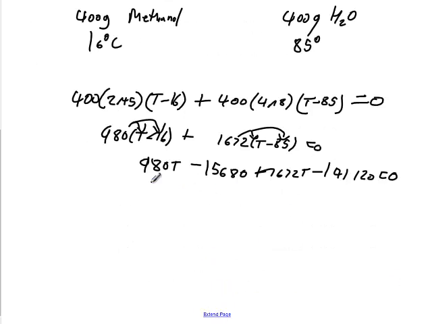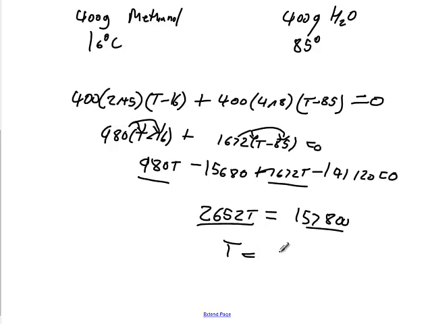Now, you have a T here, those add up. These two things can both go to the other side. You just have some algebra left to do. So you have 2652T equals 157,800. This plus this over here. Then divide, and you get T equals 59.5 degrees.